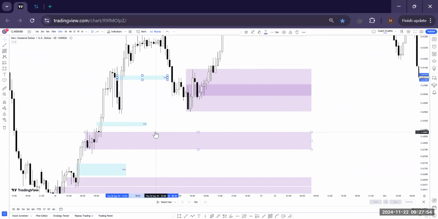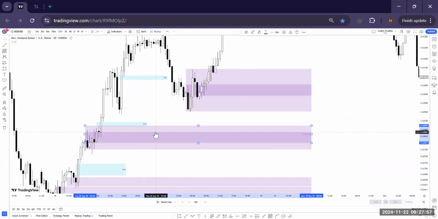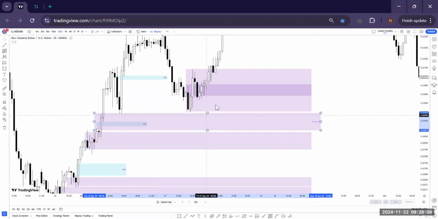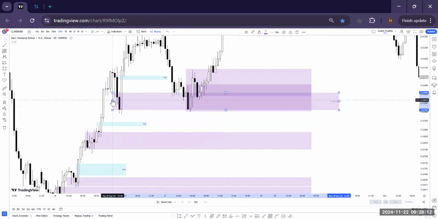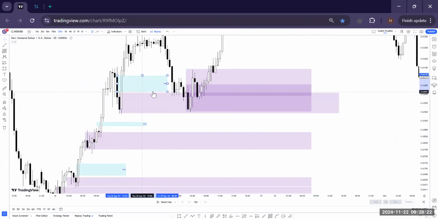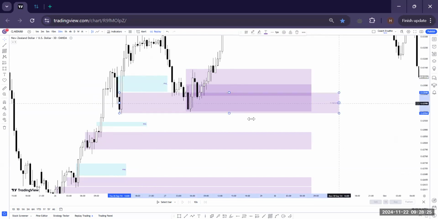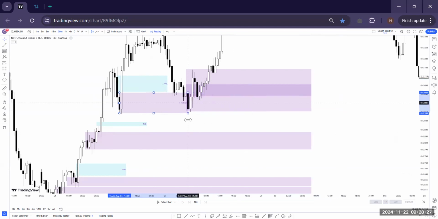Let me mark it out. There's another block here I removed earlier. Here's a gap here. And price tapped to this other block and bought up.